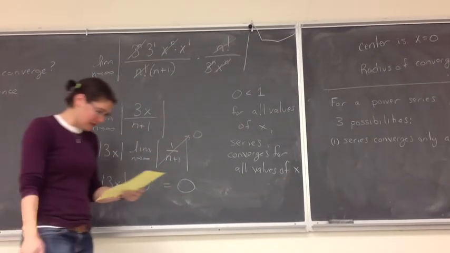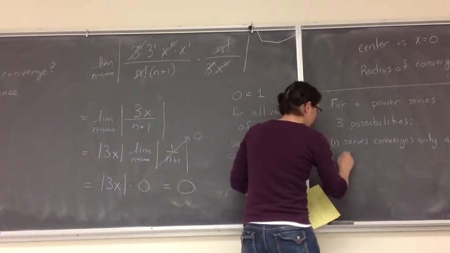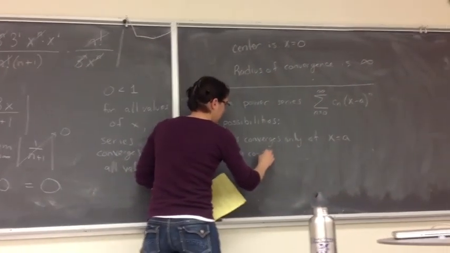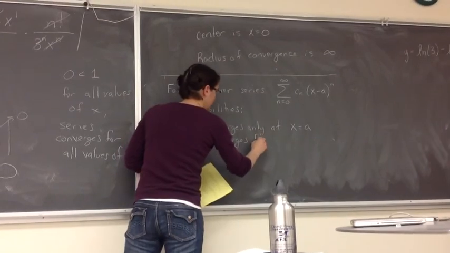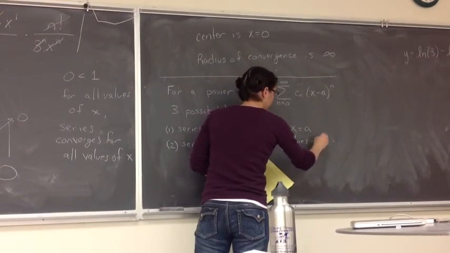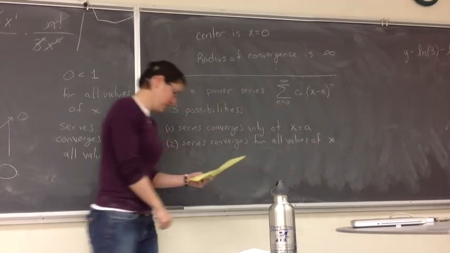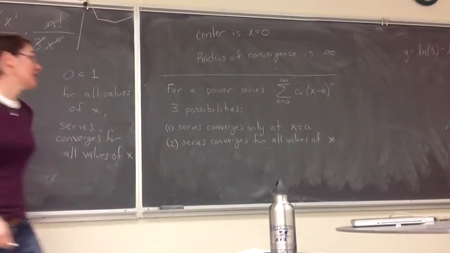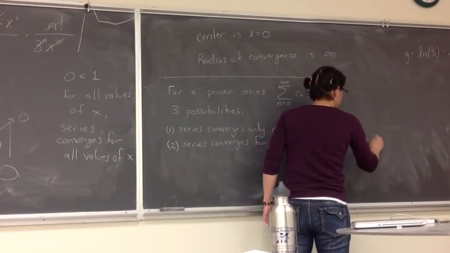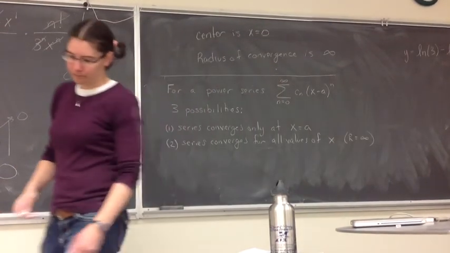That's when you get this first possibility. The second possibility is that the series converges for all values of x. And in that case, we might say that our radius of convergence is equal to infinity.